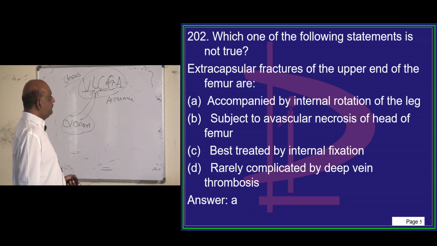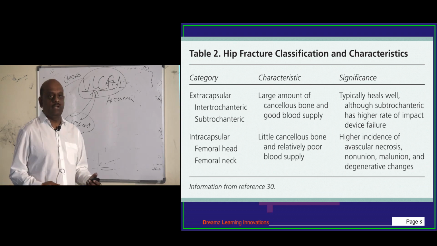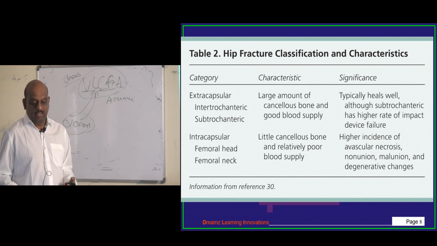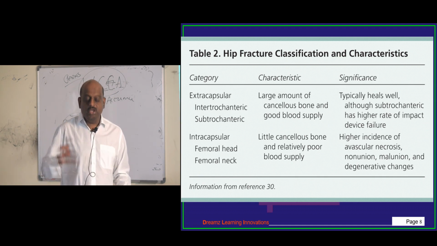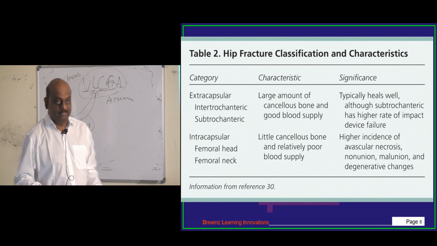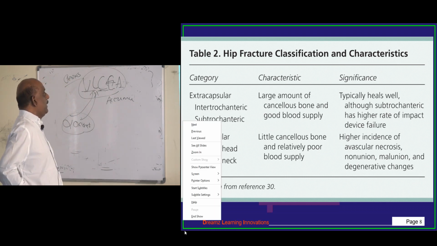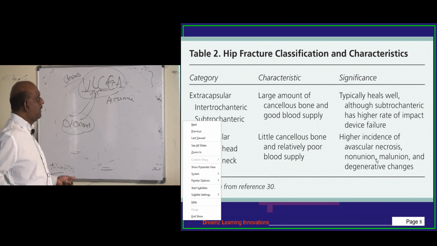Now, if you look at extracapsular versus intracapsular, one of the favorite questions of the examiner is, which is at a risk of avascular necrosis of the femur? You should be very sure that intracapsular fractures have a greater chance of avascular necrosis, non-union, malunion and degenerative changes.